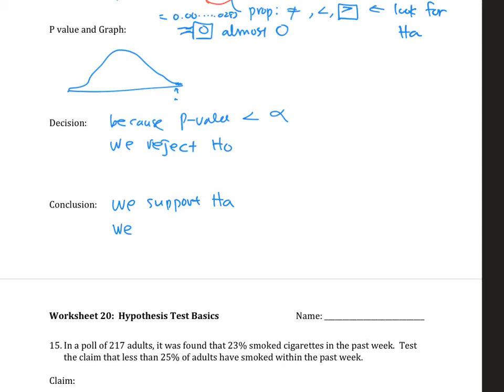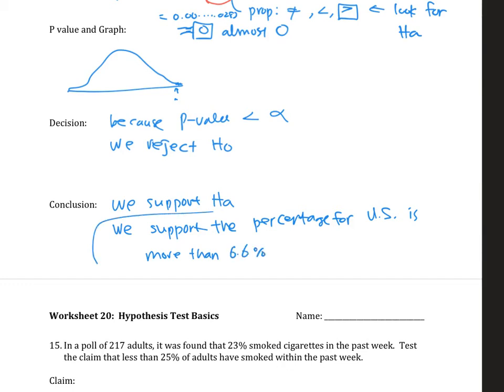So I'm going to actually make a statement. There's sufficient evidence to support the claim that the percentage for US is more than 6.6%. So I'm kind of repeating what the claim says.